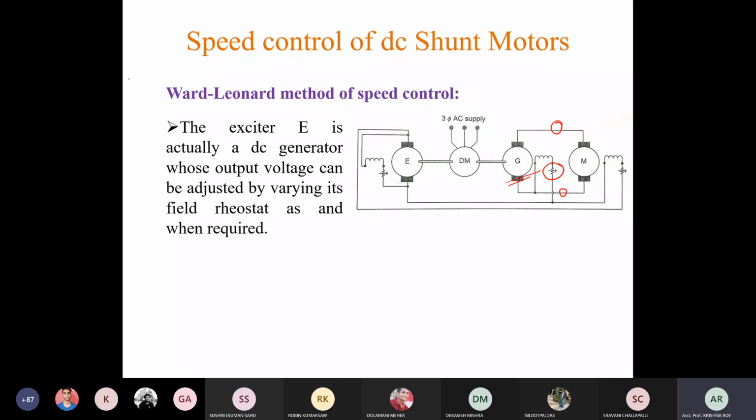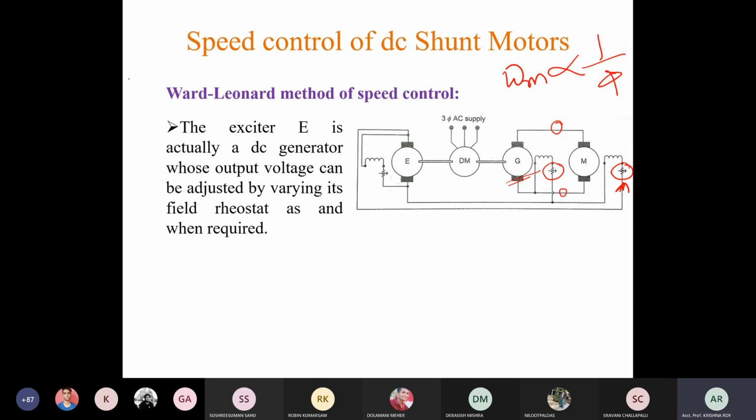Now if we want to control the speed of this motor above rated speed, then we have to apply field control, because speed omega m is inversely proportional to phi. So we need to control the field current of this motor, which is flowing through this line. We can control the field current using this rheostat.